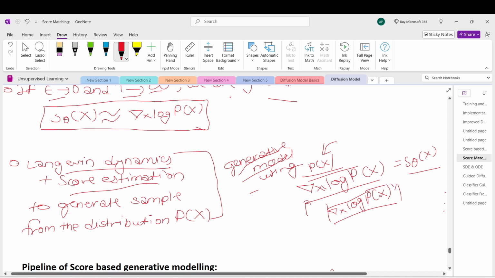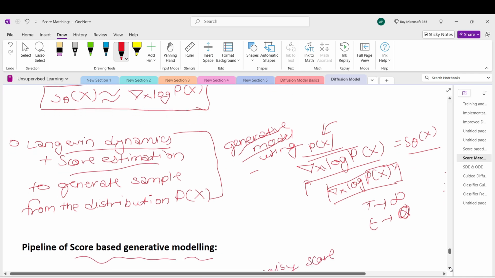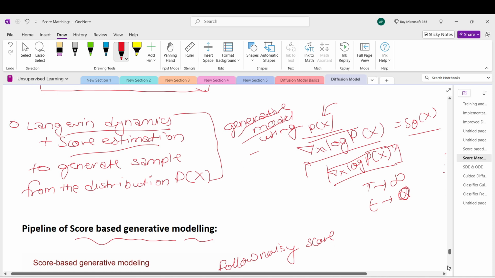In the limiting sense, if T tends to infinity and epsilon tends to 0, it ensures that we are guaranteed to sample data from p of x. So this is the overall picture.